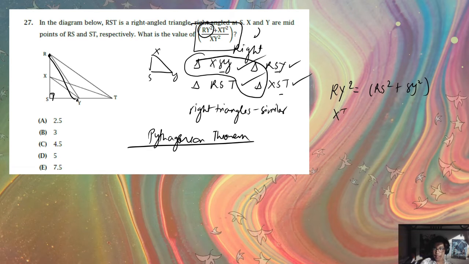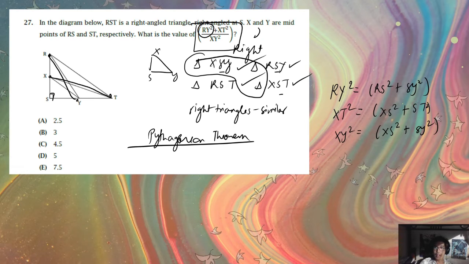We also have XT squared, and that's equal to what? XT is over here. That's equal to XS squared plus ST squared. We also have XY squared. What is the value of XY squared using the Pythagorean theorem? So we have XS squared plus SY squared.